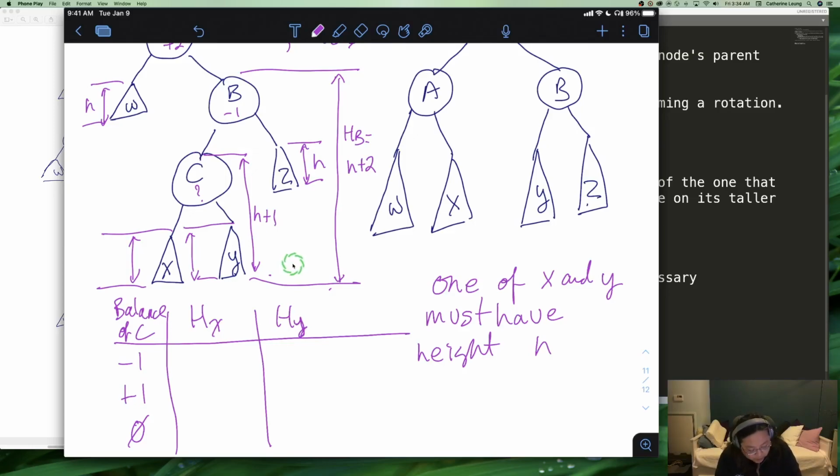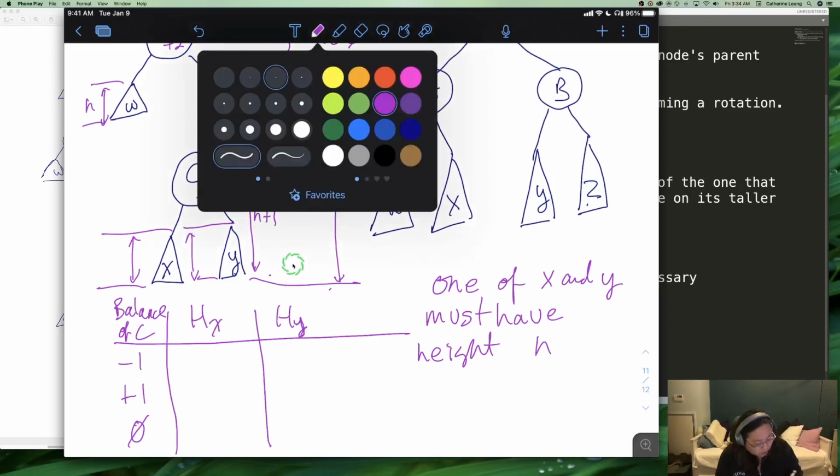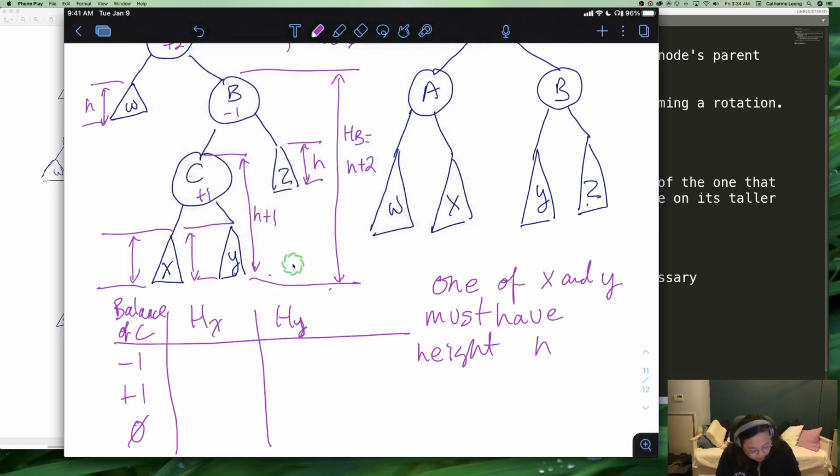Imagine that C's balance was labeled as +1. That means that Y is one node taller than X. Remember, the taller tree is the one that has to hold up everything. Sorry, I'm drawing this in backwards order. I started with +1.